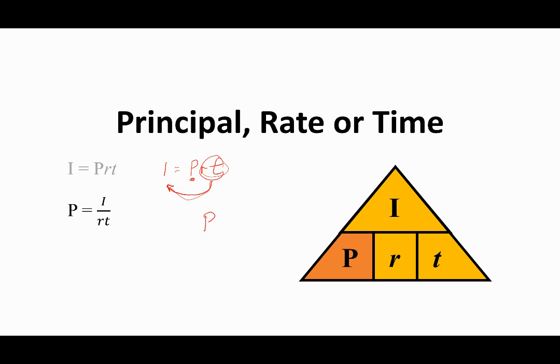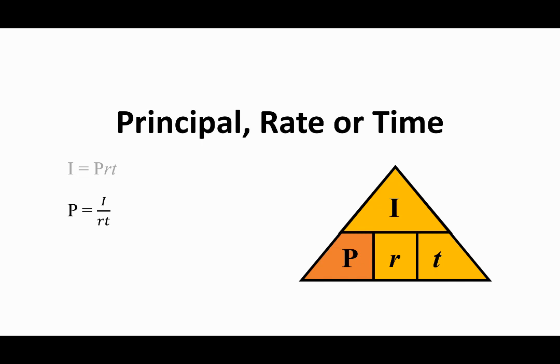So then you have the P left by itself over here. The I is still on the left, and then the RT come to the other side and they go underneath like that. So you end up with this same thing. This part here is just proving to you that it actually works like that with algebra. But rather than having to do algebra every time, this is a lot easier.